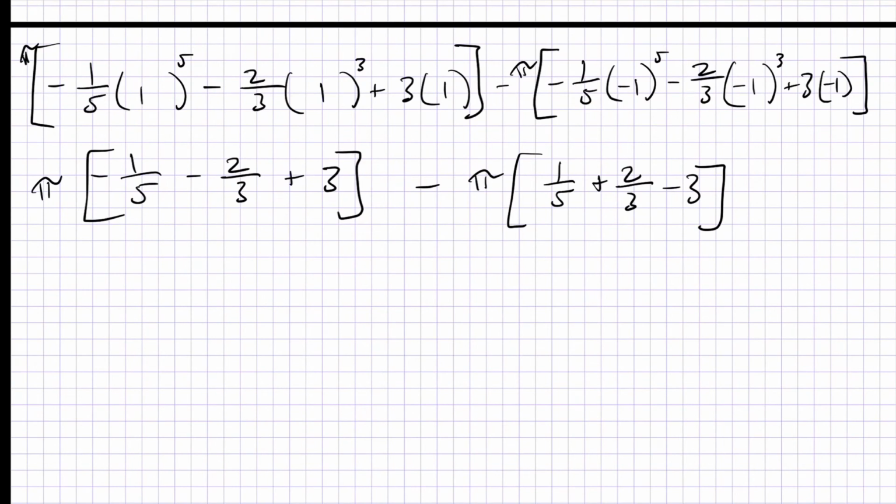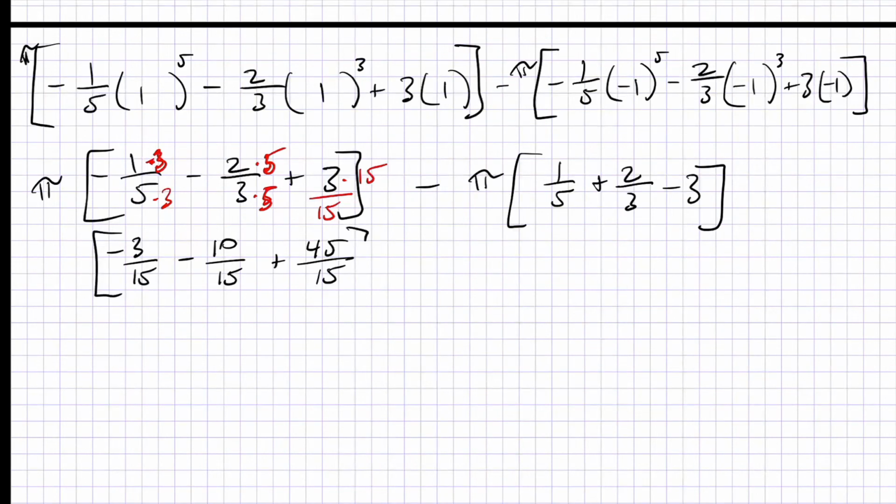To combine these, we have to use common denominators. 15 is the common denominator, so multiply this by 3, this by 5, and this by 15. So I get negative 3/15 minus 10/15 plus 45/15. Negative 13 plus 45 is 32.